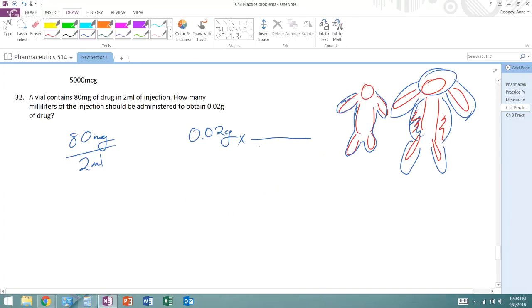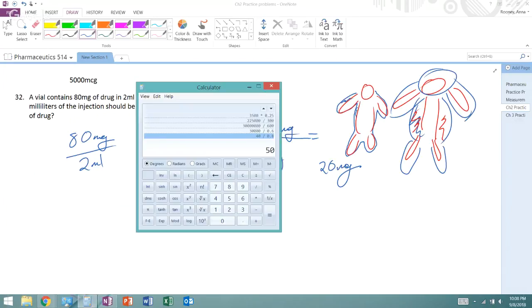So we're going to convert this to milligrams. So 20 milligrams, right?